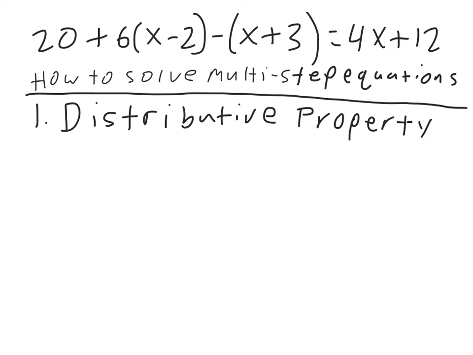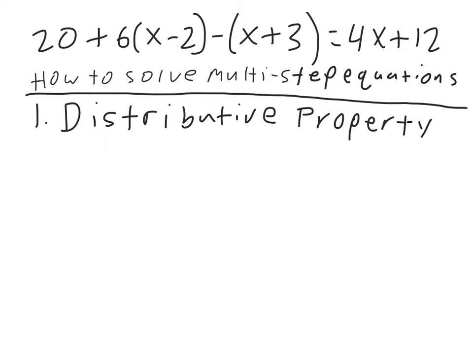So let's go back to the steps, and we see that step 1 is the distributive property. So remember, the distributive property is when you have a number in front of parentheses. And with that number, we have to multiply everything on the outside of the parentheses times everything inside of the parentheses.